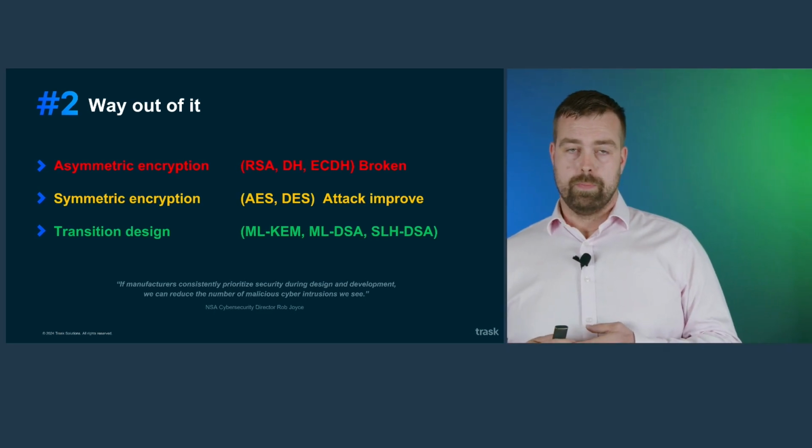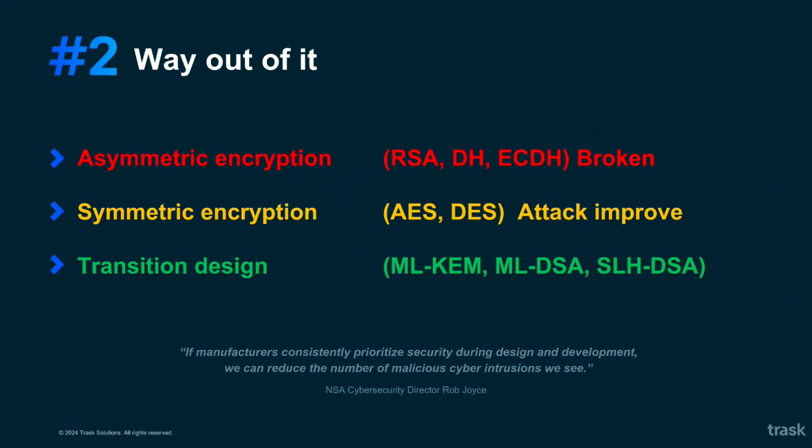What is the way out of it? Let's summarize what we know already. We already definitely know that asymmetric encryption is broken. At least it's not enough at the moment for the post-quantum era. So what does that mean?